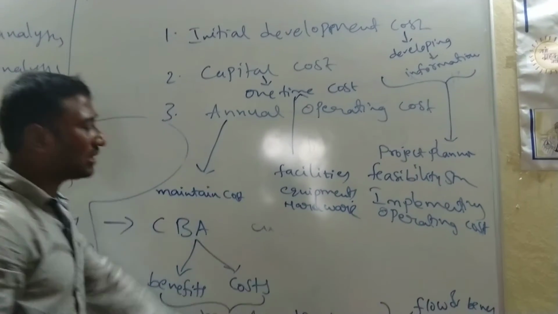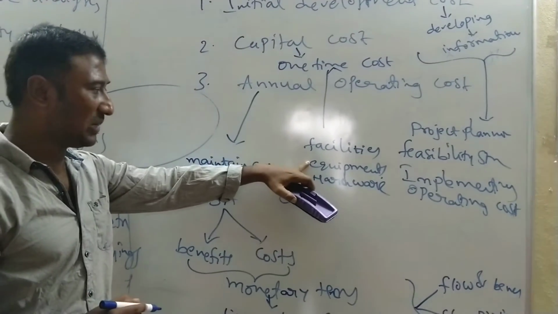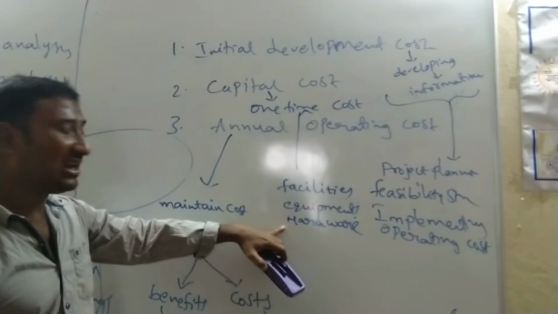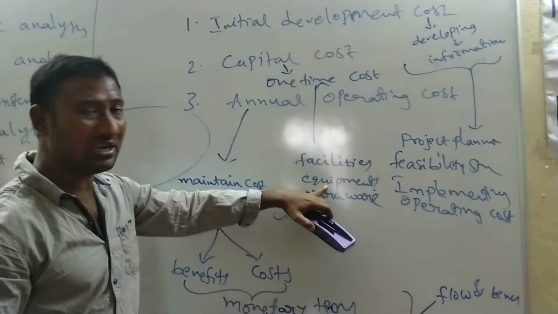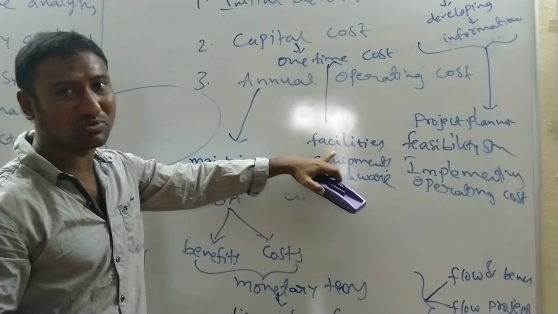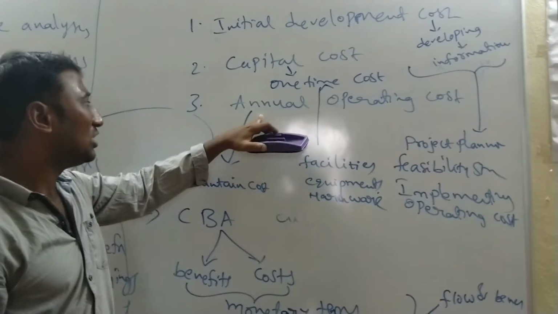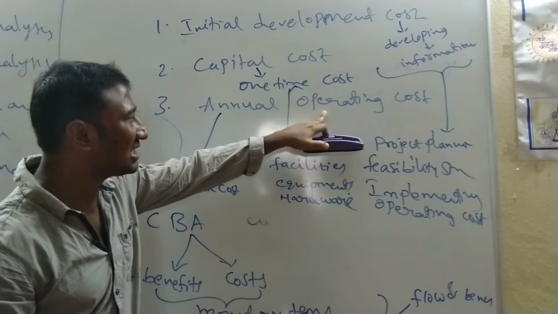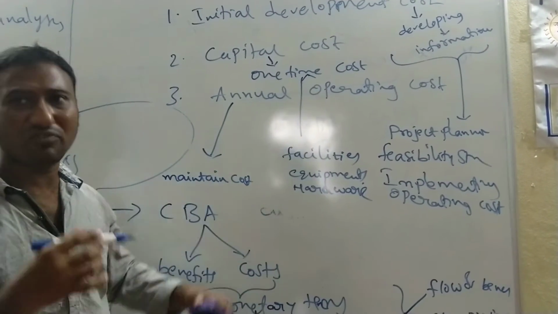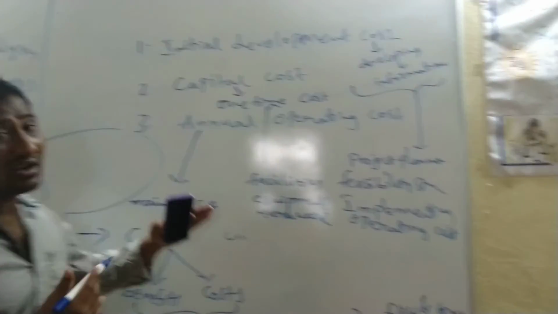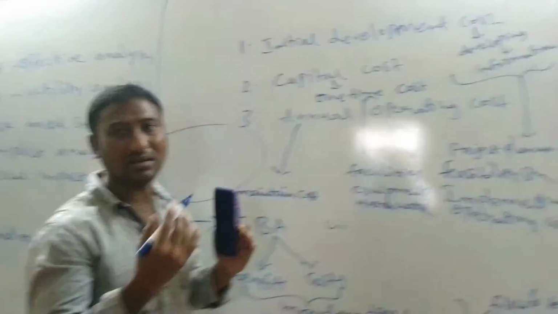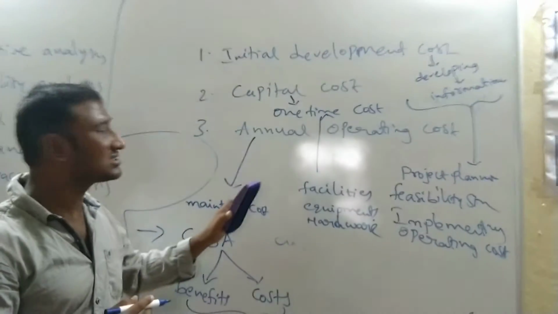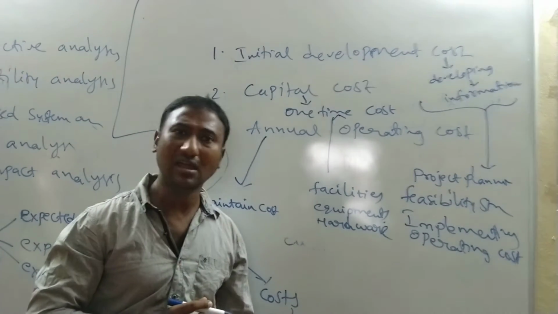After purchasing the hardware and equipment, if there is any problem, we repair that hardware and equipment and modify some facilities within the system, which is covered by the annual operating cost. So every year, whenever we modify or repair some equipment or hardware within the system, it is called annual operating cost.